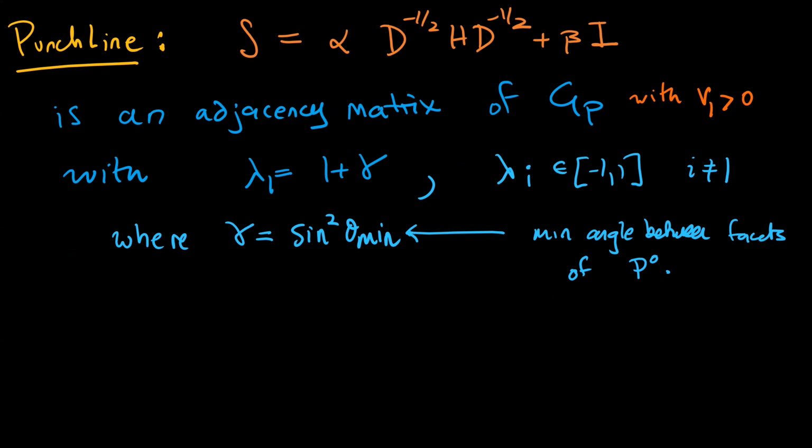We can do that by lower bounding the eigenvalues far away from 0 using the Gershgorin circle theorem. When you work out what all those things are using a little bit of linear algebra and some trigonometric inequalities, you find that this gamma parameter, when you scale everything up, is the sine squared of the smallest angle between facets of the polar. And by the angle between facets of the polar, I mean the angle between their normal vectors.